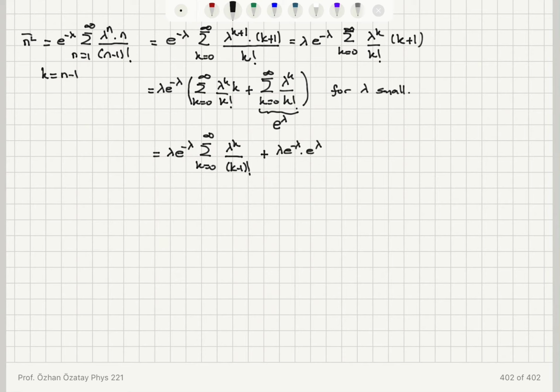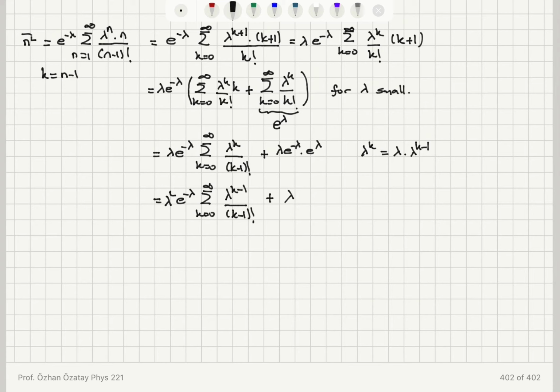So if I rewrite that lambda to the k term as lambda times lambda to k minus 1, this becomes lambda square e to the minus lambda sum k equals 0 to infinity lambda to the power k minus 1 divided by k minus 1 factorial plus lambda.